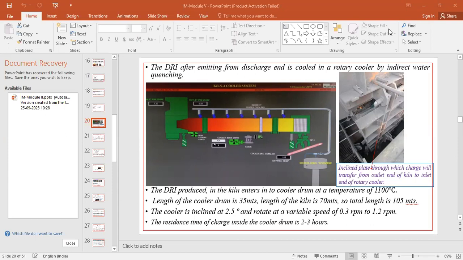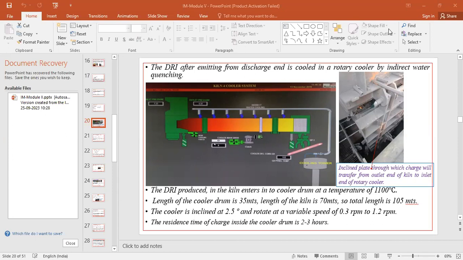Okay, so in the last class we discussed the DRI process in the rotary kiln, followed by the cooling process.